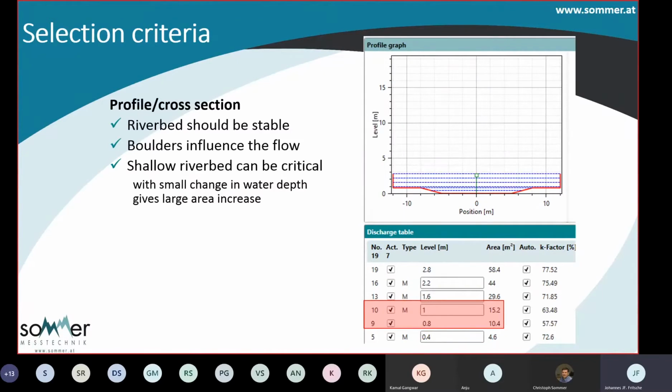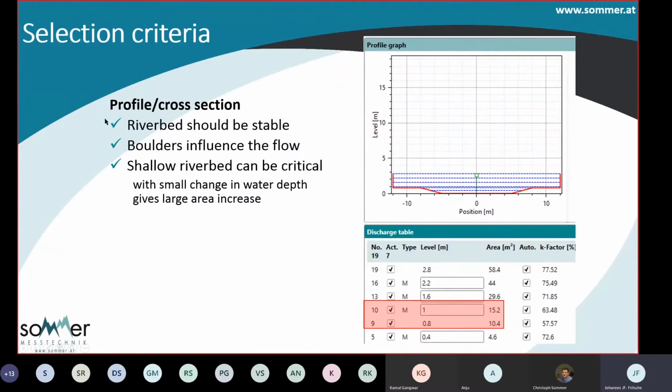Then the next criteria is about the profile, the cross-section. Again, when you look at the river, or you have to make a first decision on your spot, then you should look at the riverbed, and the riverbed should be stable.